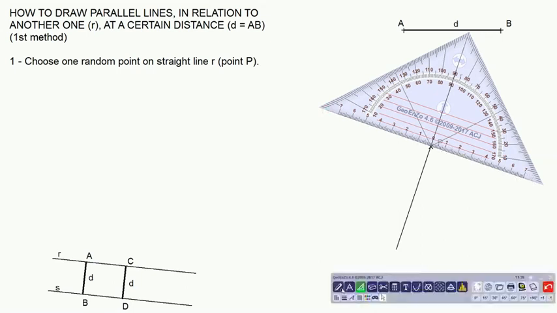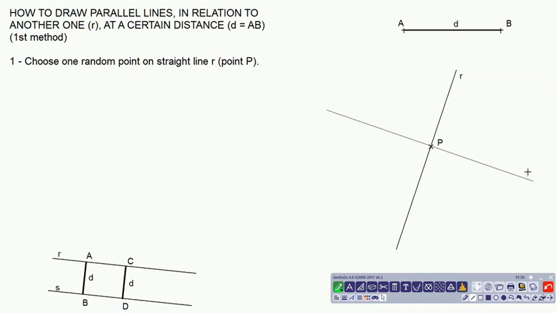This line, which we name as a lowercase letter, for example, T.